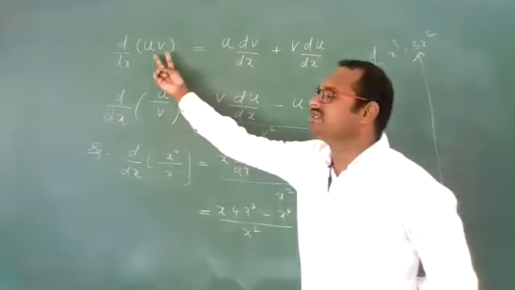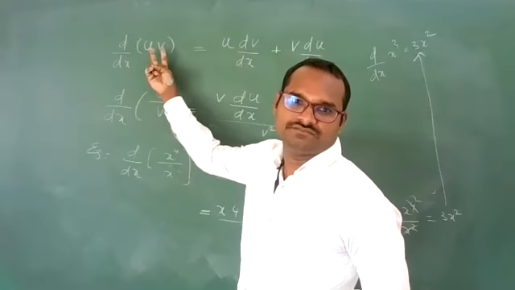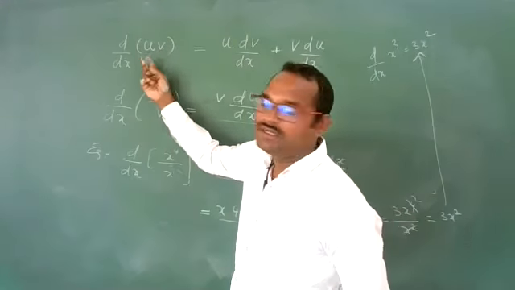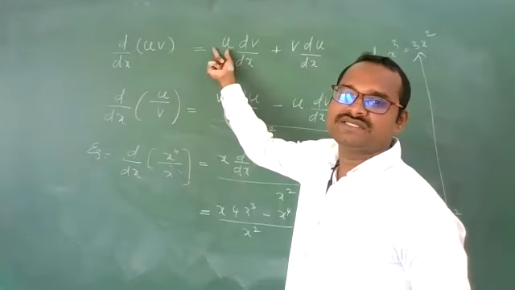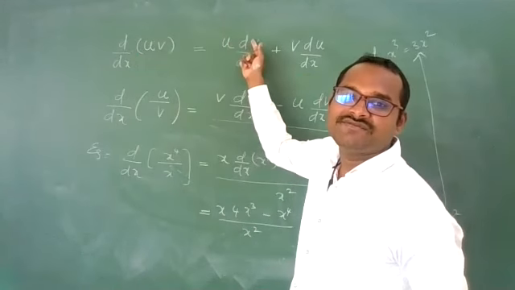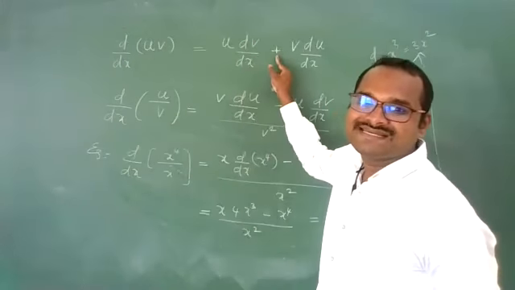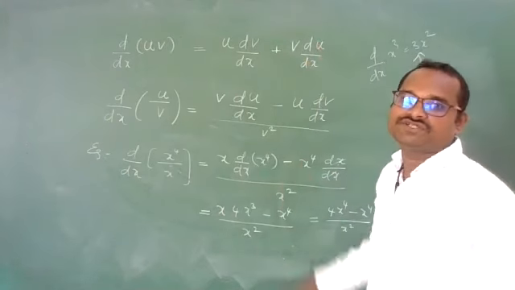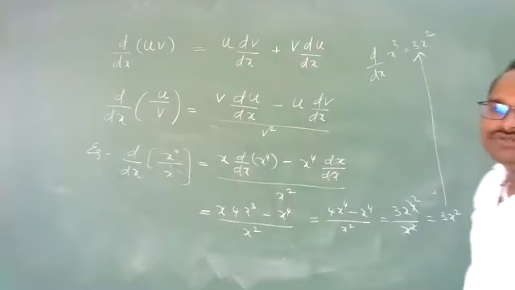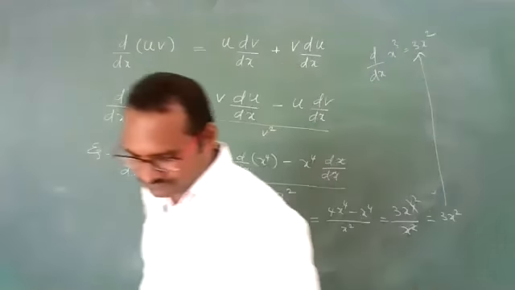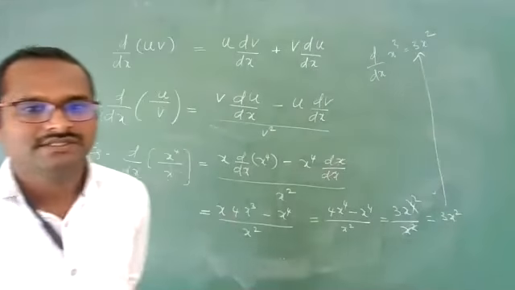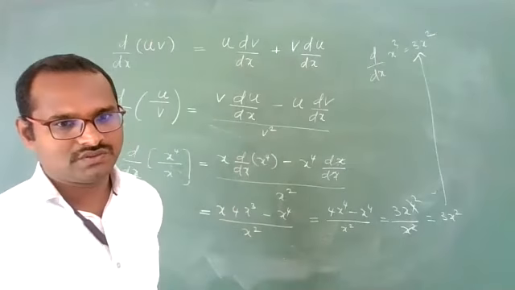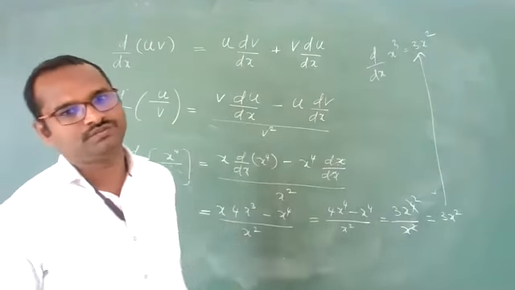If you have a function as a product of two variables, then consider the first variable as constant and differentiate the second variable, plus consider the second variable as constant and differentiate the first variable. Yes, like this we need to do. Clear, students? So whatever formulas we have discussed today, I think these are all very clear for you.